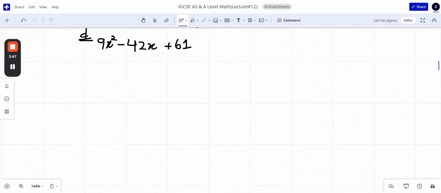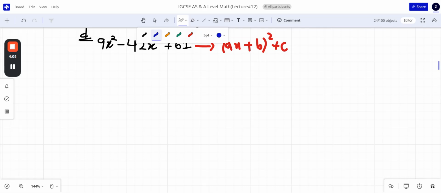Part b is 9x square minus 42x plus 61. So we need to write it in the completing square form (ax + b) whole square plus c. So it means the method we will use is the completing square method.